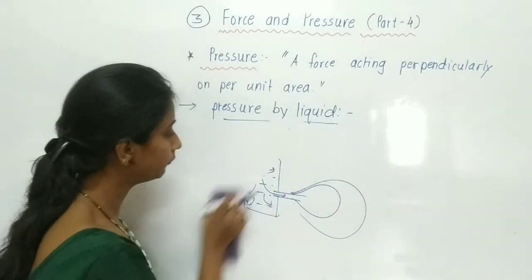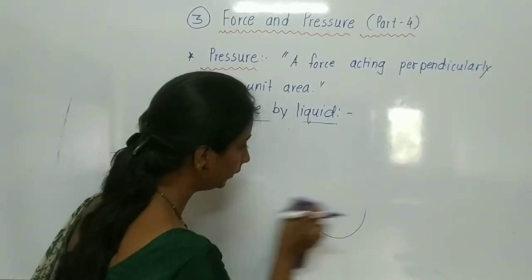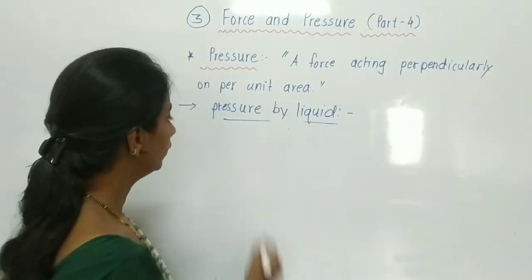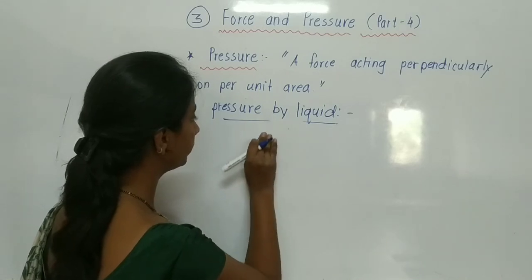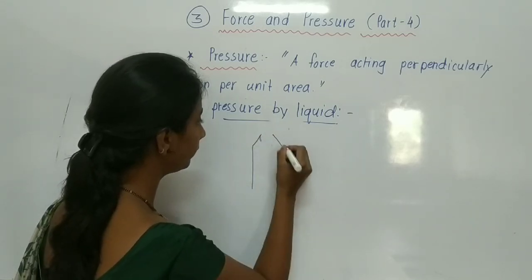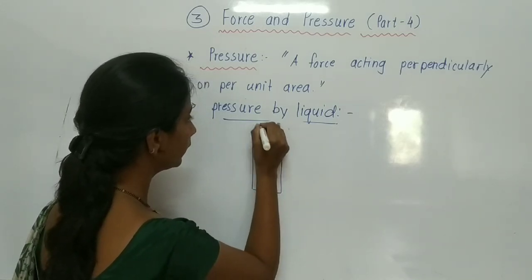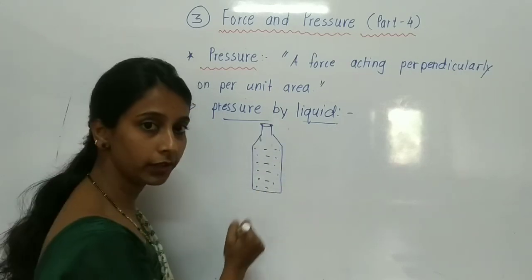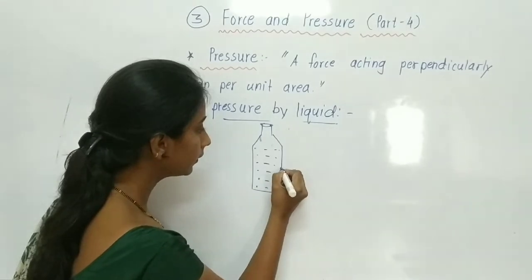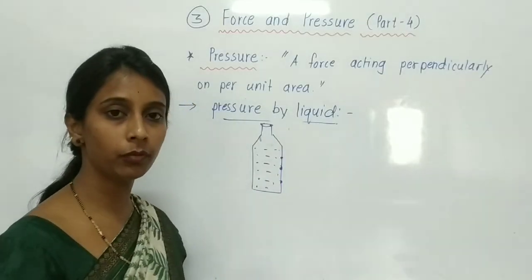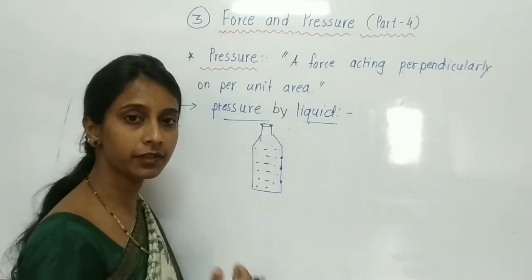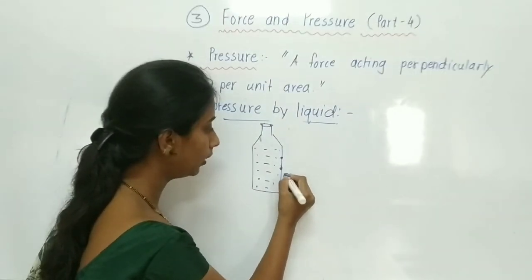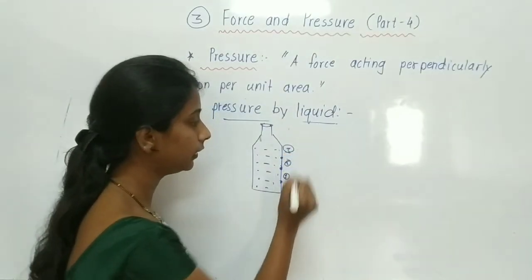For that again we have to take a bottle, fill this bottle with water, and make 3 holes in the bottle in this way at specific heights. Suppose this is hole 1, hole 2, hole 3.